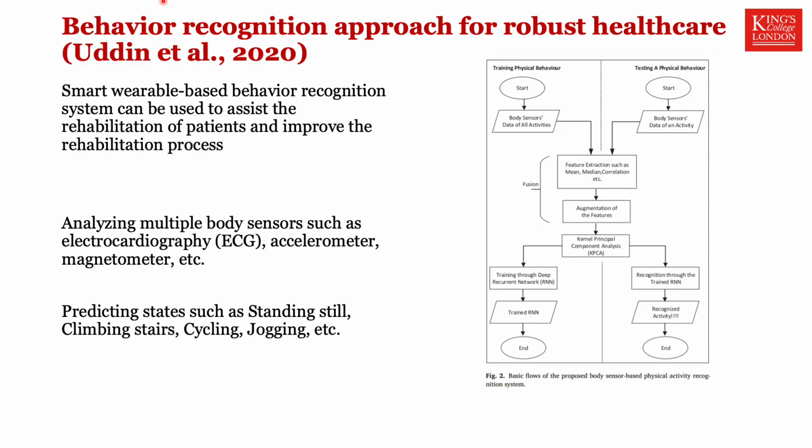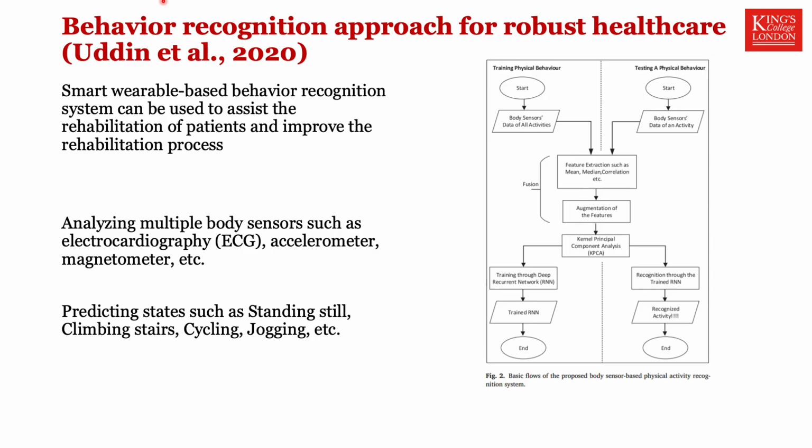Another item where RNNs have been used is to track physical robustness of healthcare in patients. What this means is, if you're a patient, for example, you can give them a body sensor, for example, an ECG scanner or an accelerometer or a magnetometer, even, for example, an Apple Watch, which you might have on your wrist.